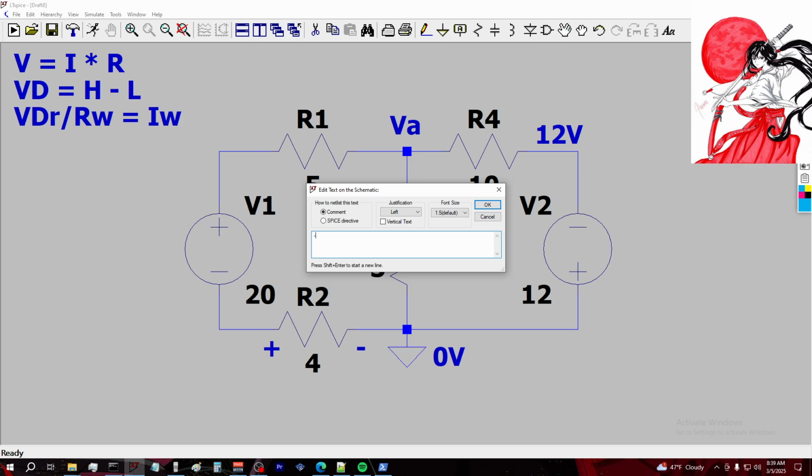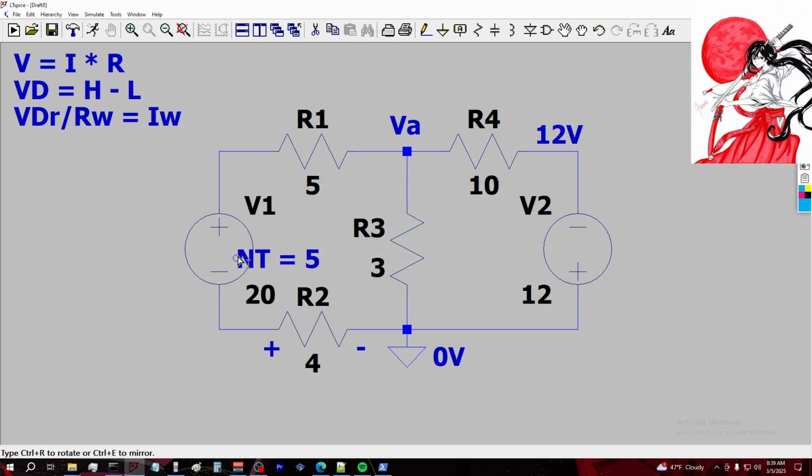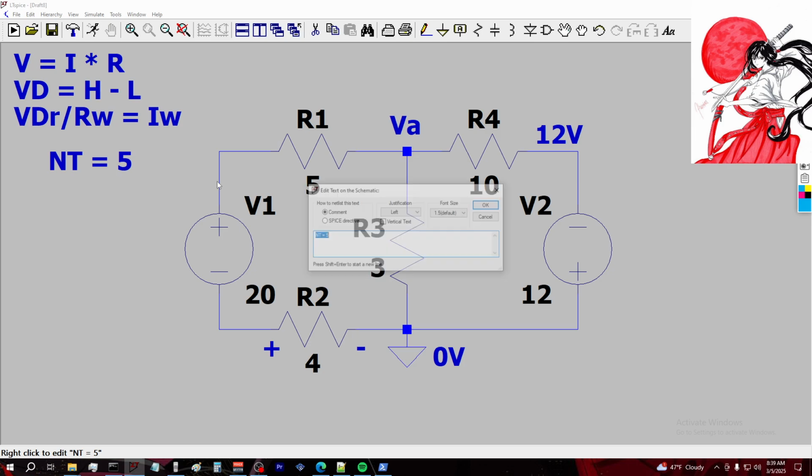I'll put NT for negative terminal. The negative terminal could be 5, right? NT equals 5. So the negative terminal could be 5, and the positive terminal could be equal 25, right?